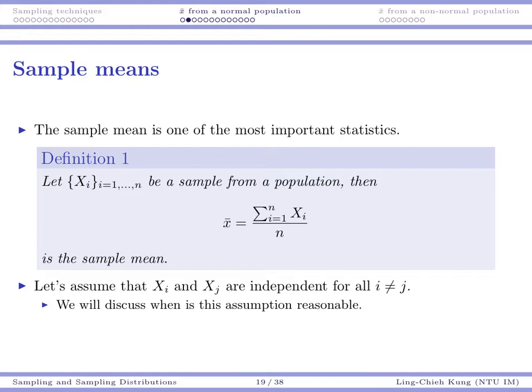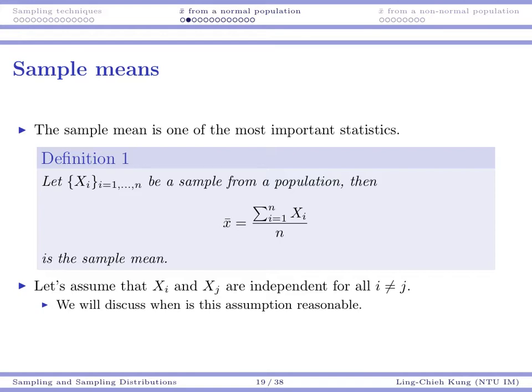Basically, if you are running a random sampling, then you have this property, because you don't know whether you will get this number or that number. But if you are doing, for example, non-random sampling techniques, then you don't have this property.